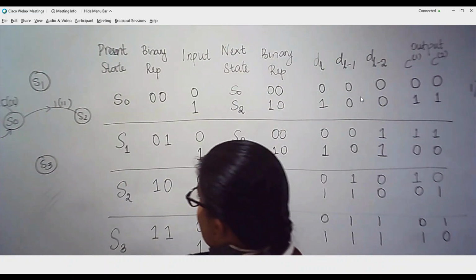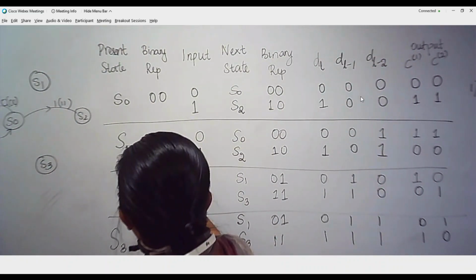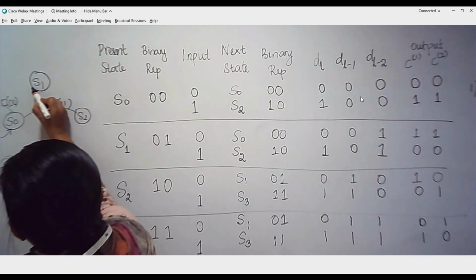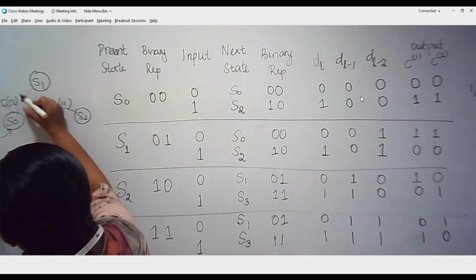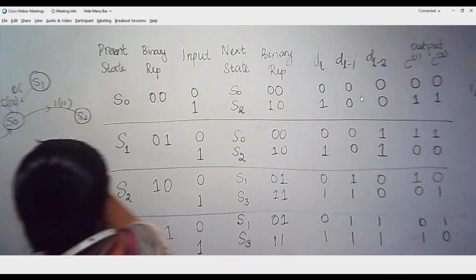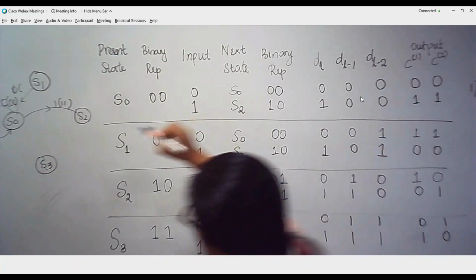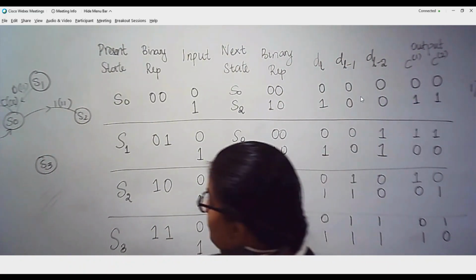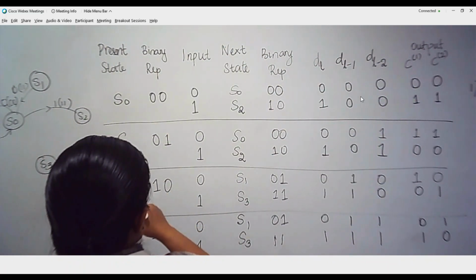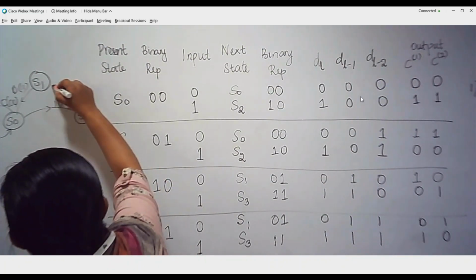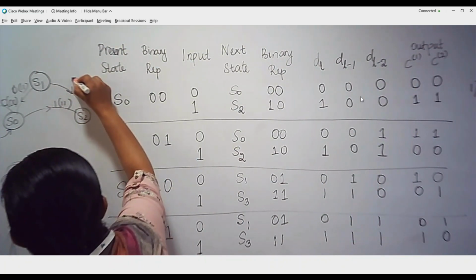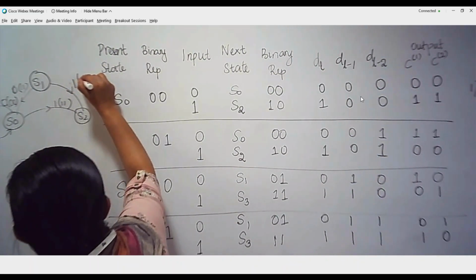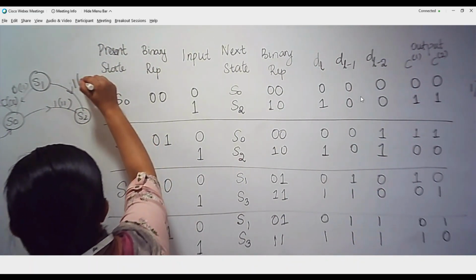Coming to the state S1, if the input is 0, then it goes to S0 with the output 1, 1. If the input is 1, then the transition will happen to S2 with the output 0, 0.